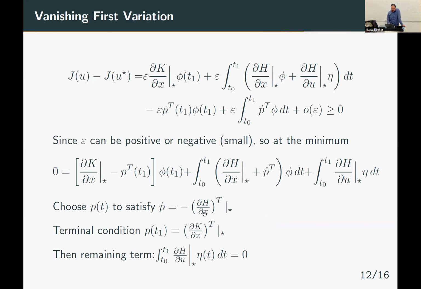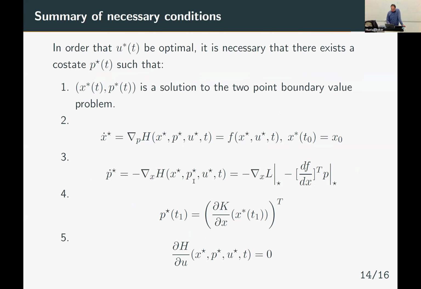That comes from here. When you take the gradient of the Hamiltonian, that is times minus, so you have minus the gradient of L with respect to X, minus df over dx, which is also the gradient here, times P, evaluated at X star.